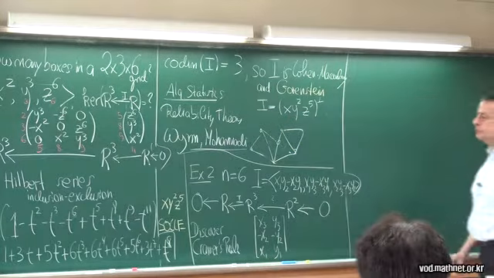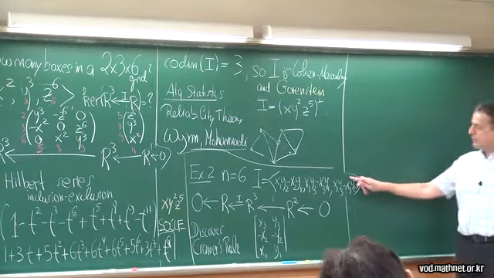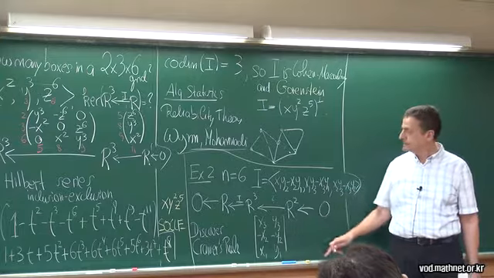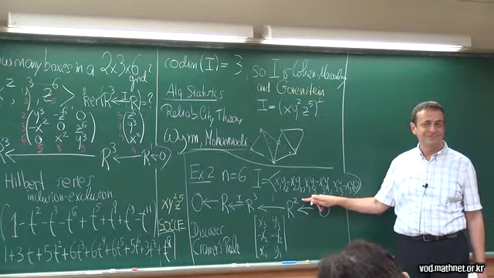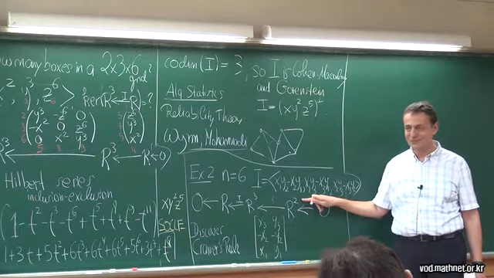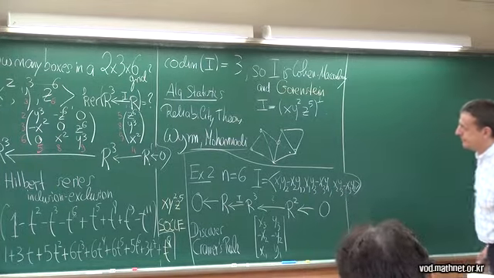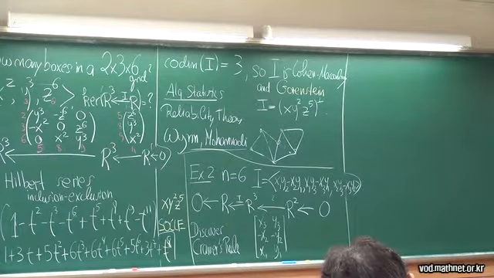Macaulay 2 shows you this ideal. And of course, this row vector times this matrix is the 0 vector of length 2. That's called Cramer's Rule, because the left kernel of this matrix is generated by the 2 by 2 minors swapped around. Those things are in the kernel and they generate the kernel.